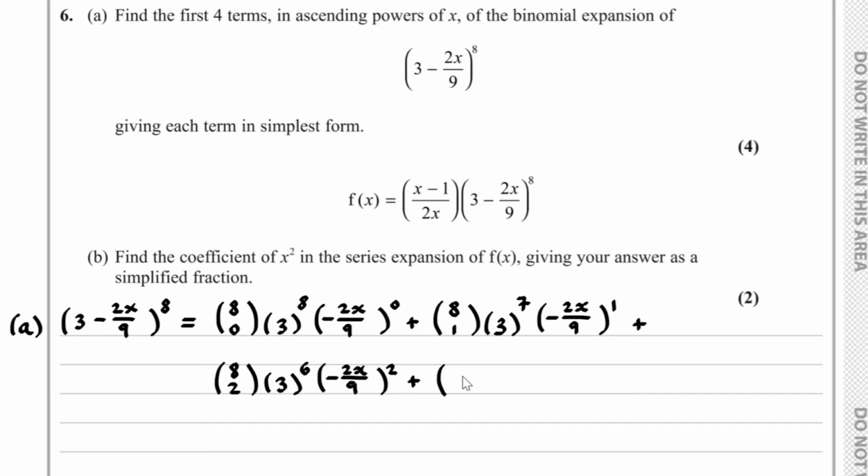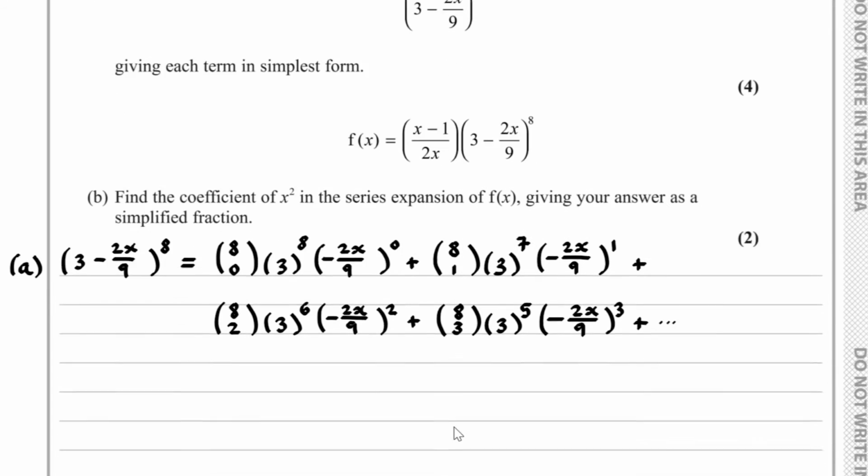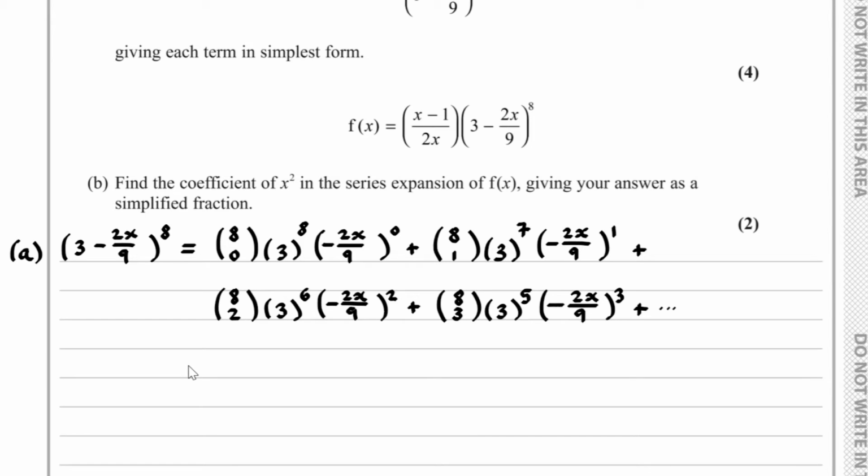And then we have 8 choose 3 multiplied by 3 to the power of 5 multiplied by negative 2x over 9 to the power of 3. And then we've got higher order terms as well. So now let's calculate this.